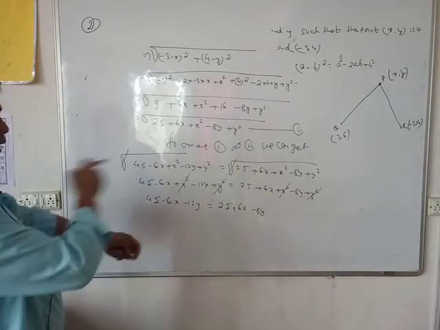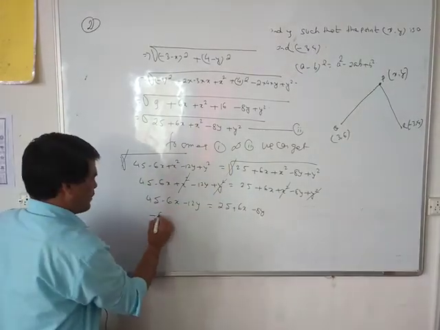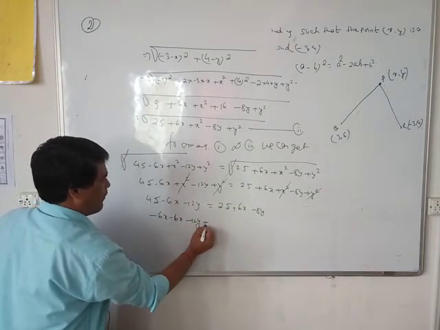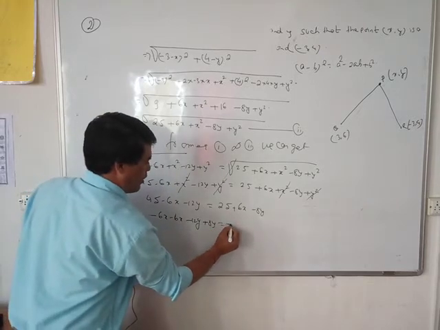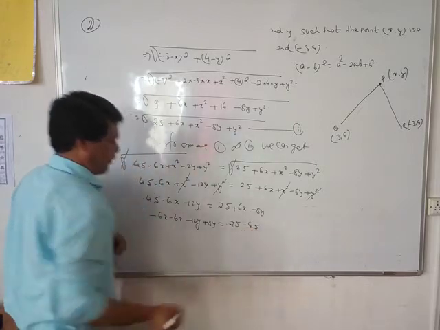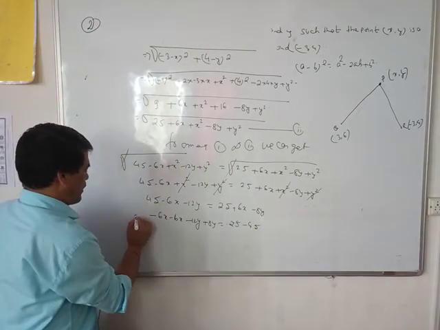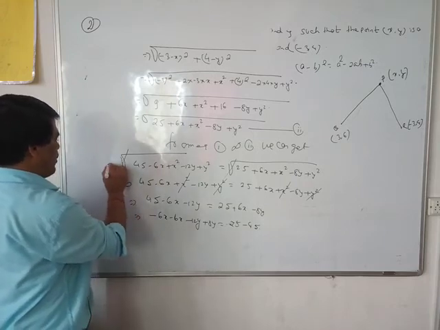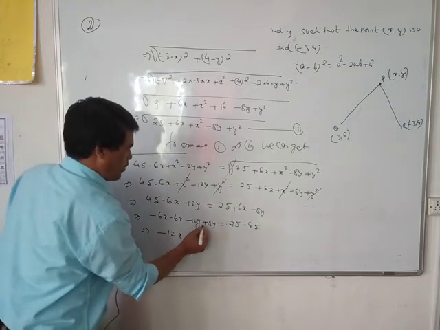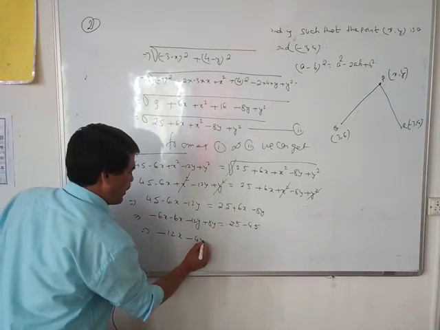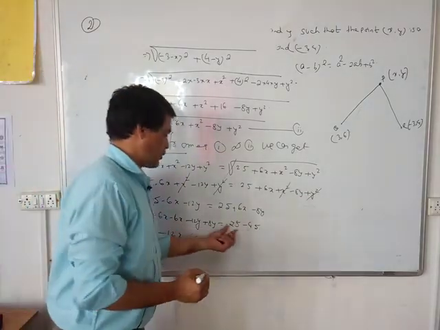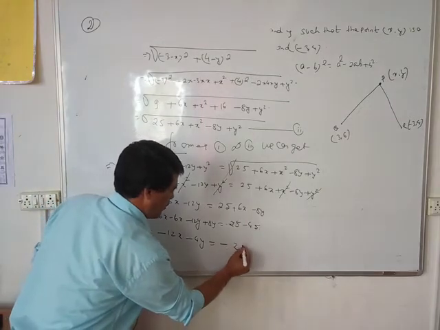First we combine the like terms, that means minus 6x minus 12y plus 8y equal to 25 minus 45. Then minus 6x and minus 6x, how much will we get? We get minus 12x, minus 12y plus 8y is minus 4y, equal to 25 minus 45, which gives minus 20.